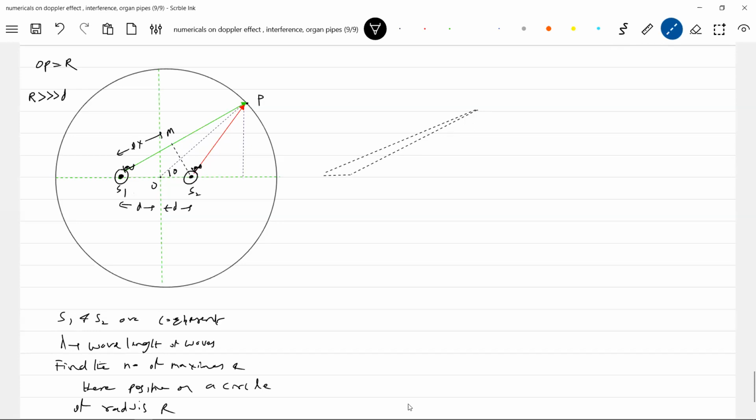I'm trying to explain geometrically so that it will be easy for you. These are the two sources, S1 and S2, and there's a point P. Look at this one now. If R is very much greater than d, the separation between the sources, then the angle made by these two lines with the reference horizontal line should be equal, and the angle made by the midpoint line also.